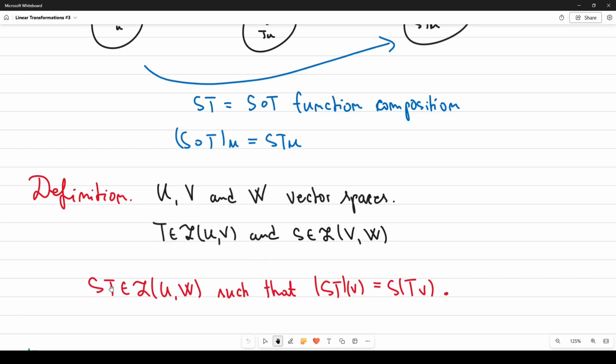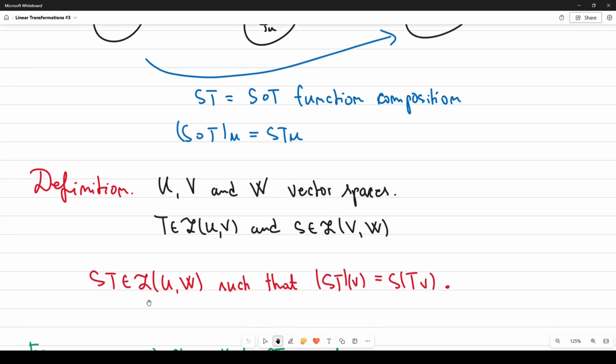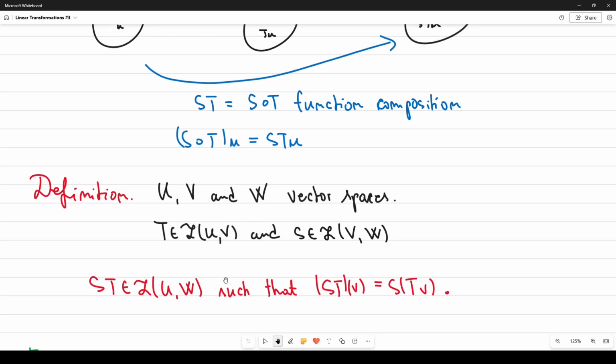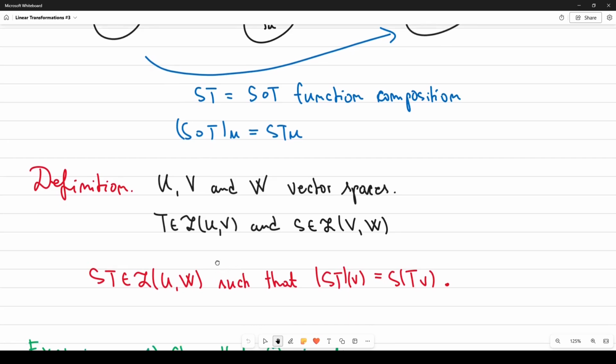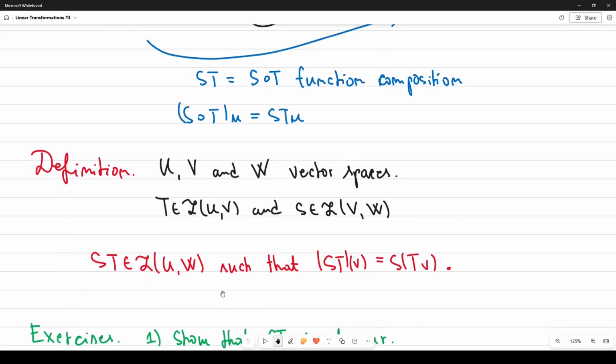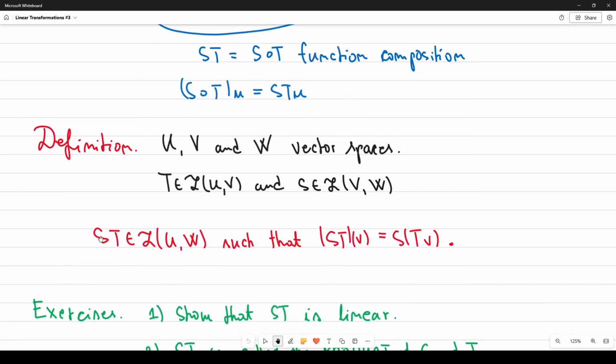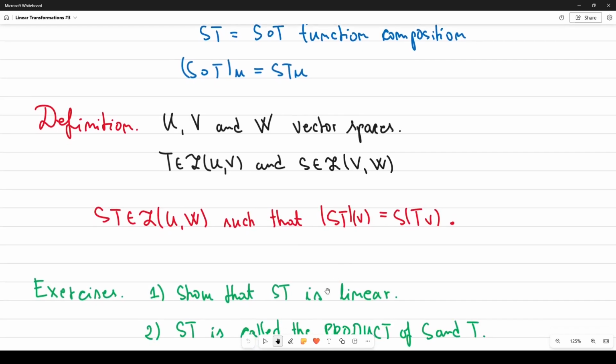So when we compose these two, this thingy still stays in the set of all linear transformations, which is good, because if we were to multiply two numbers and not get a number out of it, then that multiplication probably wouldn't be that useful or meaningful. So we define S times T to be, again, just function composition.